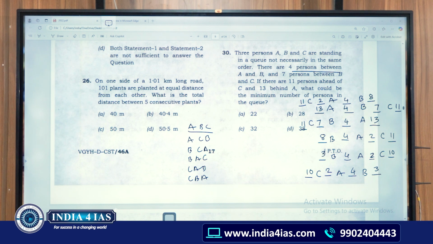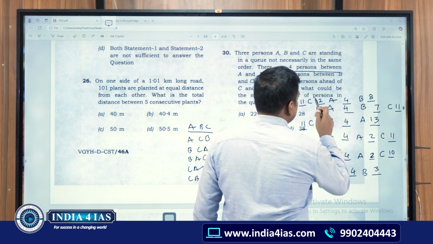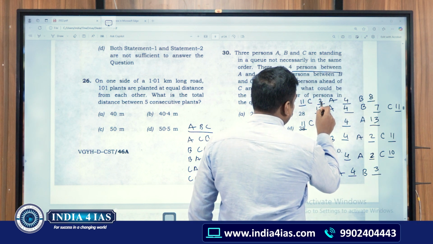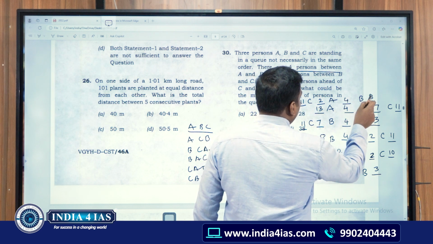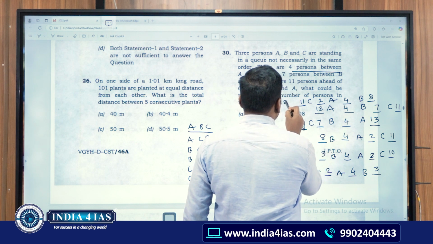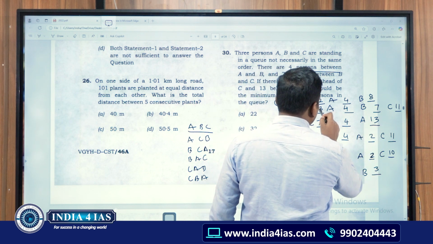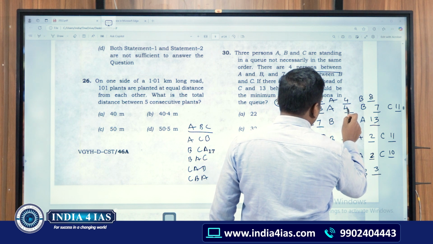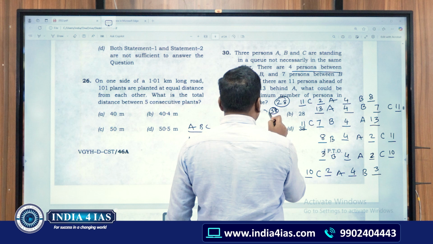What could be the minimum number of persons in the queue? So, now count A, B, C, 3 persons plus 11 plus 2. 3 plus 11, 14 plus 2, 16 plus 4, 20, 28. 28 is one case. Next, A, B, C, 3 persons, then 13, 16 plus 4, 20, 27 and 11, 38. So, this doesn't qualify.